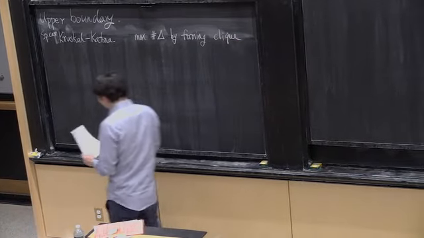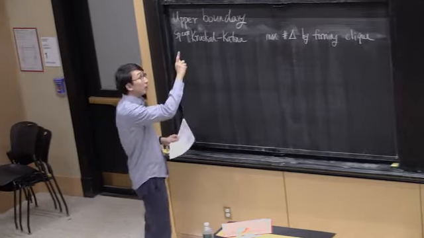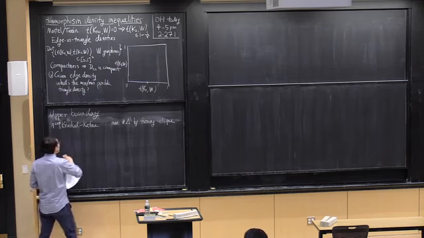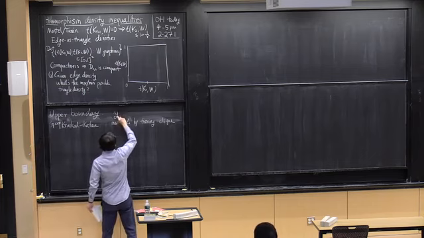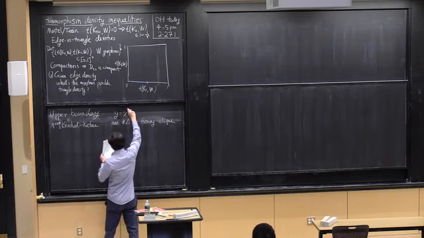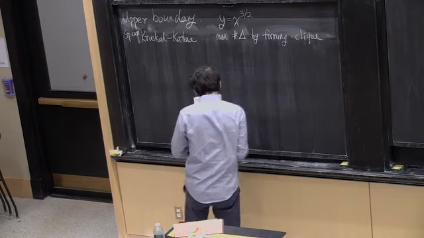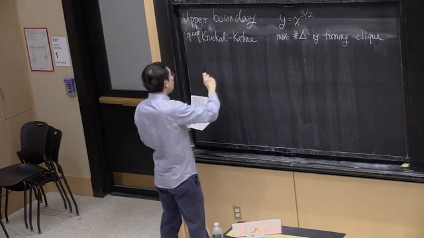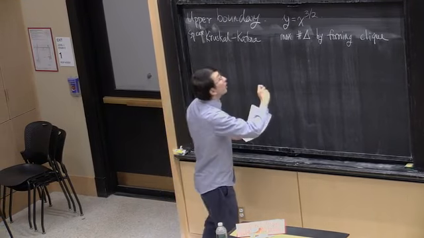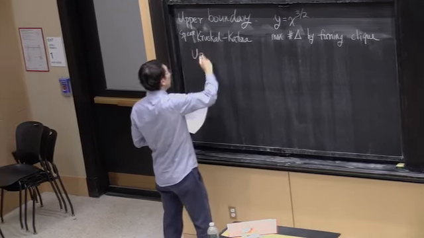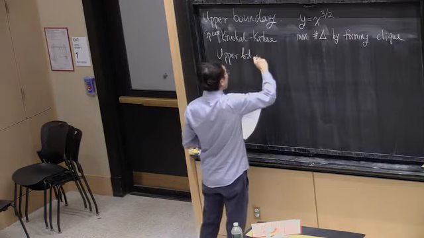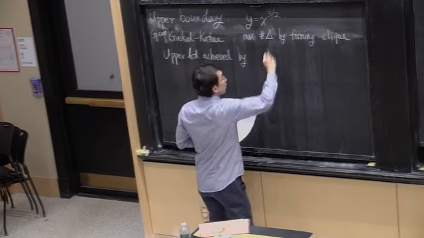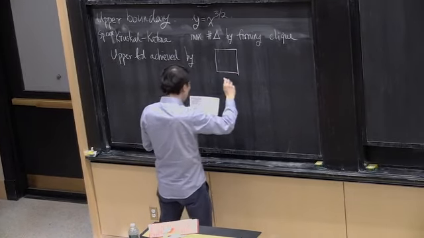And that is indeed the answer, and this is what we'll prove, at least in the graph densities version. So we will show that the upper boundary is given by the curve y equals x to the 3/2. Don't worry about the specific function, but what's important is that the upper bound is achieved by the following graphon, namely the graphon corresponding to a clique.